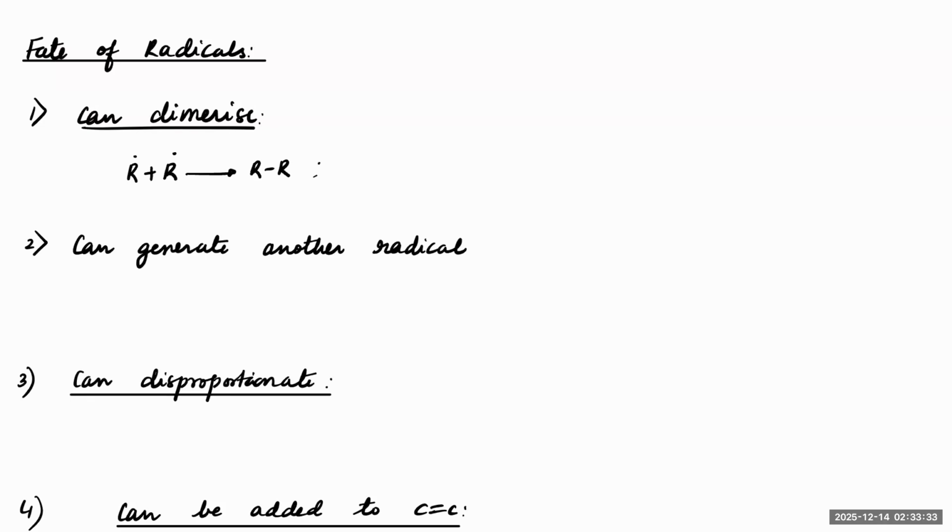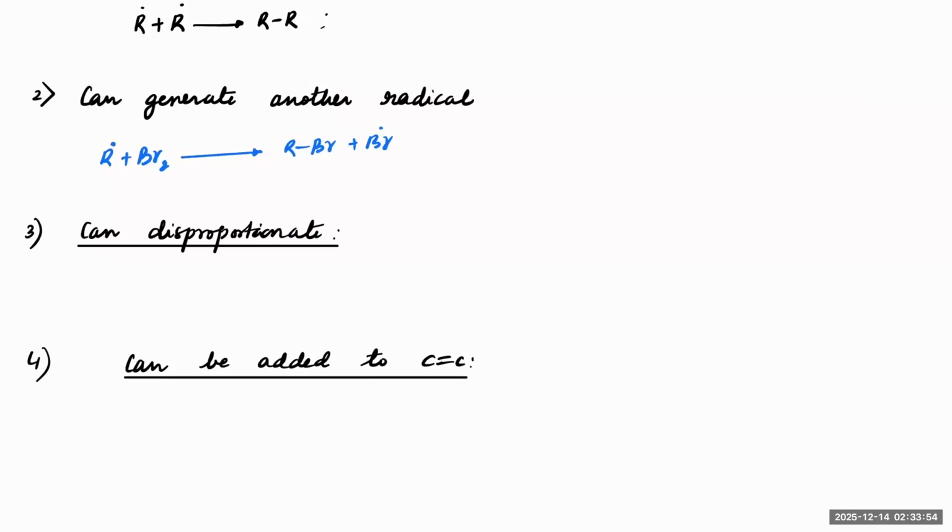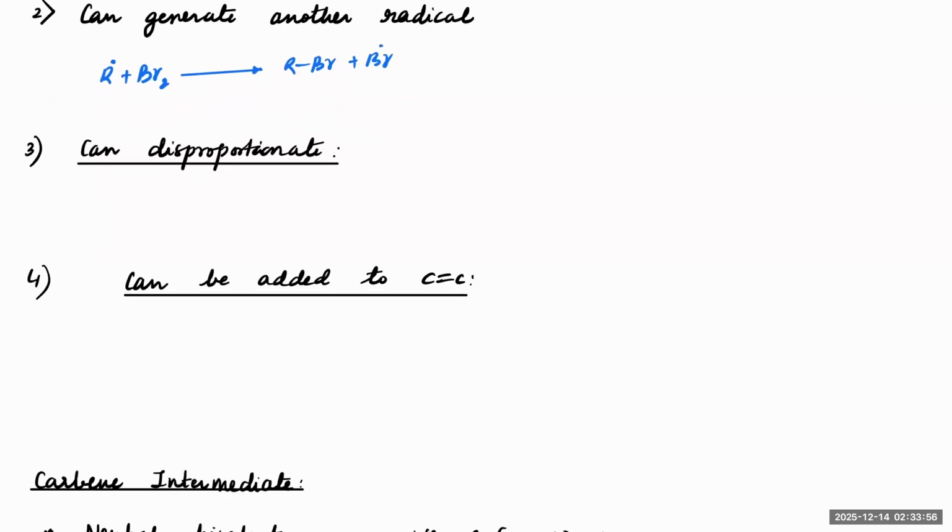It can always generate another radical as well, which means if you have R dot plus Br2, what we have here is RBr plus Br dot. Similarly, in case it can disproportionate, that is CH3CH2 dot, right?